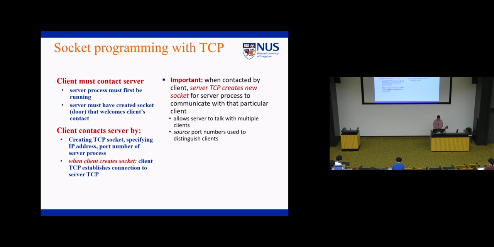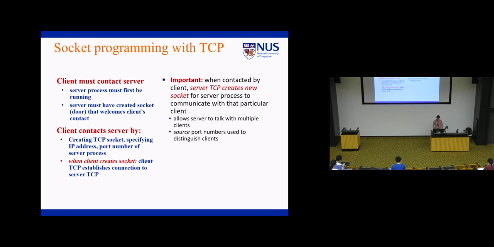So here the client contacts the server by creating a TCP socket, specifying the IP address and the port number of the server process. This is for the first welcoming socket. After this is done, the TCP connection will be established. And then the server will assign a new socket, the connection socket, to communicate with the client.